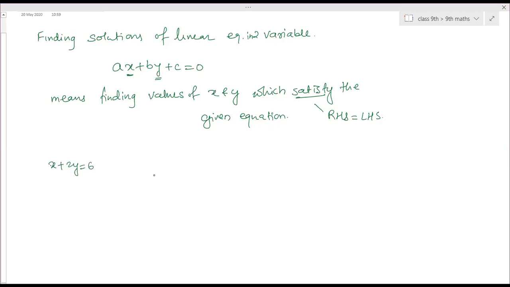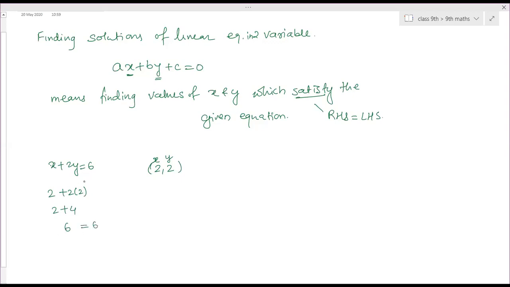Now, if you substitute the value of x and y, we write it as a coordinate, as 2 and 2. So substitute x as 2 and y as 2. What will happen? 2 plus 2 into 2, so 2 plus 4, that is 6. This is equal to 6.